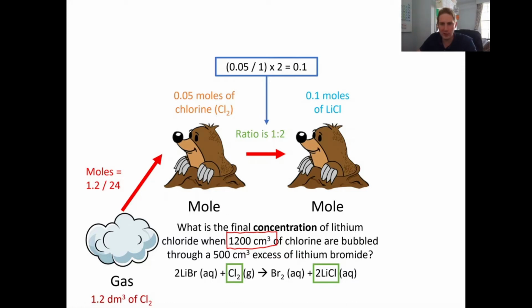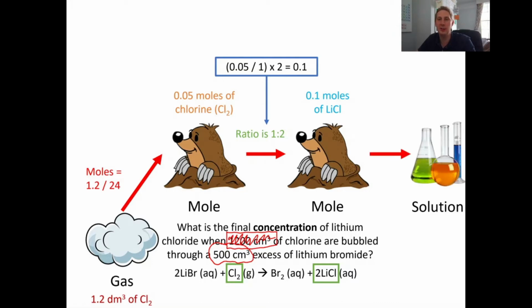Well, don't get confused, this is the amount of gas here that we bubbled through, but it's not the final volume of the solution. The final volume of the solution is 500 cm³ or 0.5 dm³. So concentration is moles over volume. 0.1 moles of lithium chloride divided by 0.5 dm³ gives us 0.2 mol/dm³.